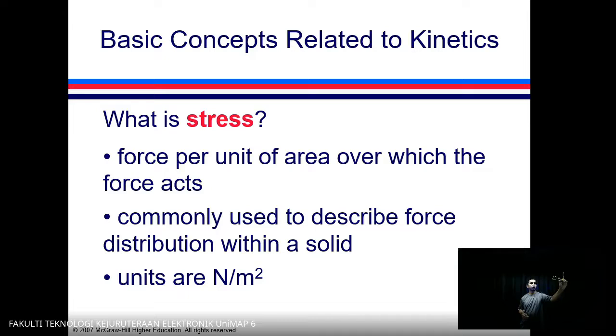Stress equal to force per unit area. Pressure also equals to force divided by area. Okay, the same thing, the same equations, but the symbol is not the same. This is stress, this is pressure. The unit is also the same, Newton over meter square, Newton over meter square.